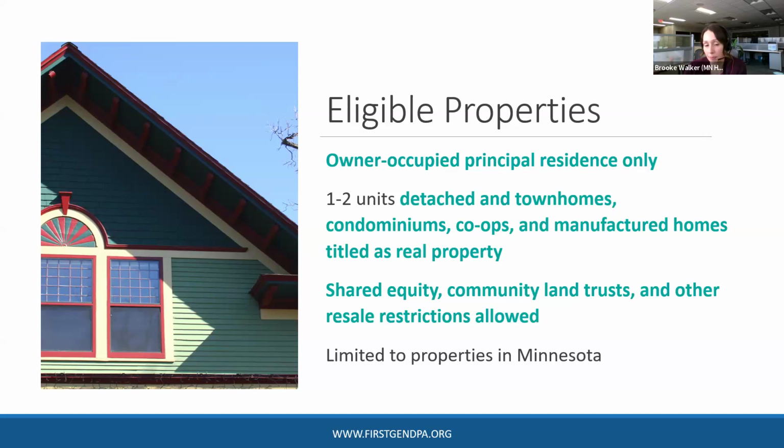So it's a great opportunity for somebody who might need to use a shared equity option to be able to afford homeownership, because as the dollars are forgiven, that is the home buyer's equity. And it does stay with them if they decide to move out of the land trust model or shared equity model into traditional homeownership.